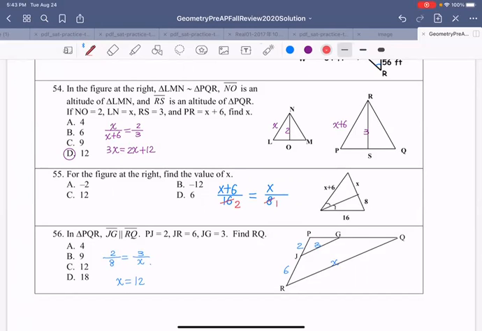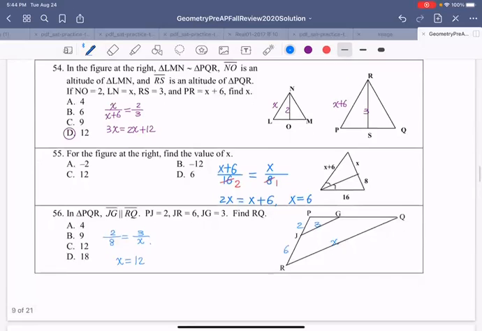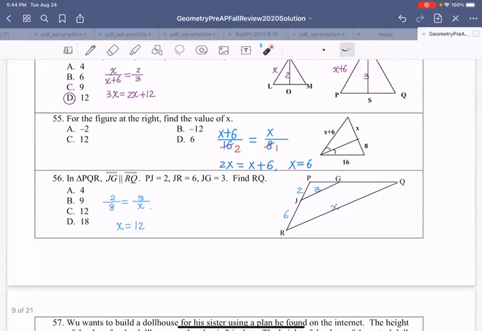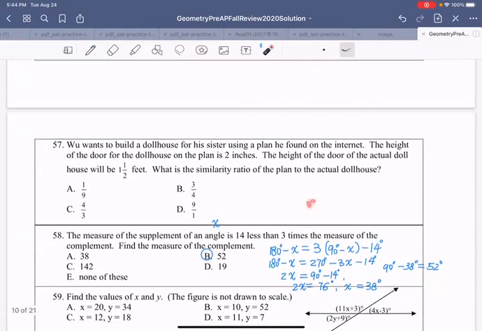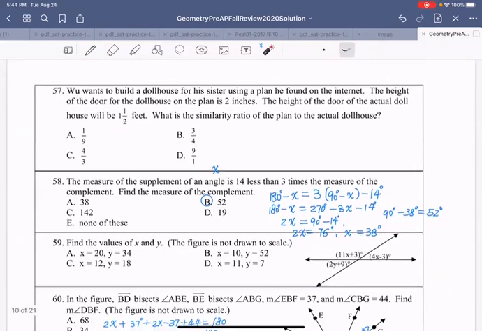Okay. And then you do cross multiplication. 2x equals x plus 6. X equals 6. That's it. Next is also those triangle similarity proportions.